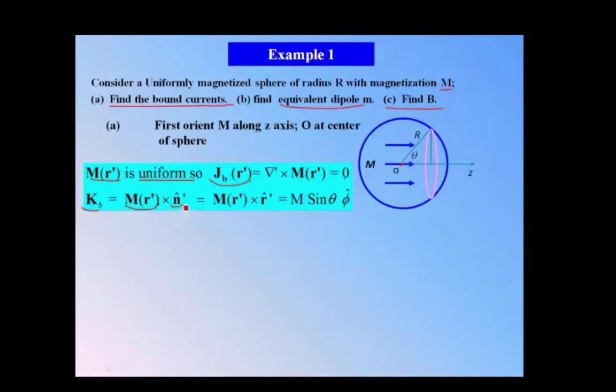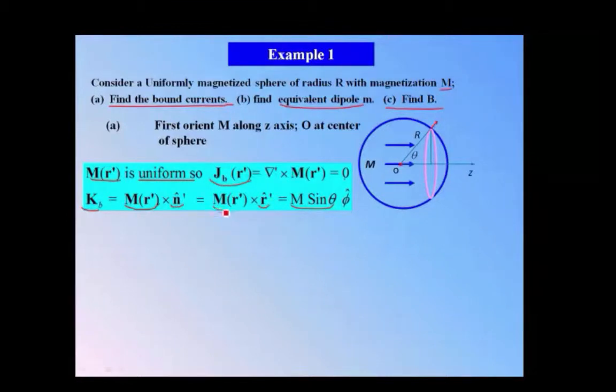If we recognize this as just the unit vector r hat prime, then what we're talking about is a unit vector at this point here for an angle theta. We take M and cross it into this unit vector here, and what we get is M sine theta. Then we have to determine the direction, so we need the direction of M relative to n hat or r hat prime.